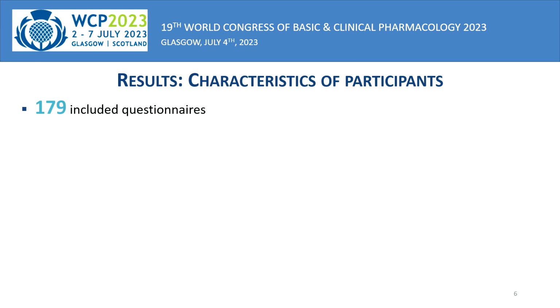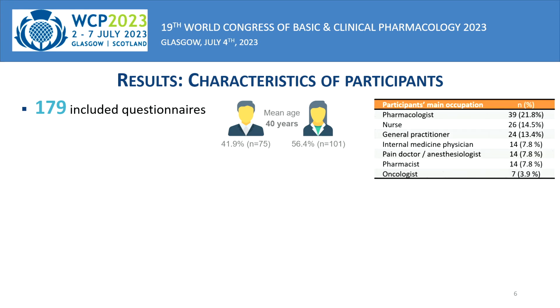A total of 196 questionnaires were collected, and among these, 179 could be included in the analysis. The mean age of participants was 40 years old, with more women than men. Participants were pharmacologists, nurses, GPs, internal medicine physicians, pain physicians, pharmacists, oncologists, and so on.